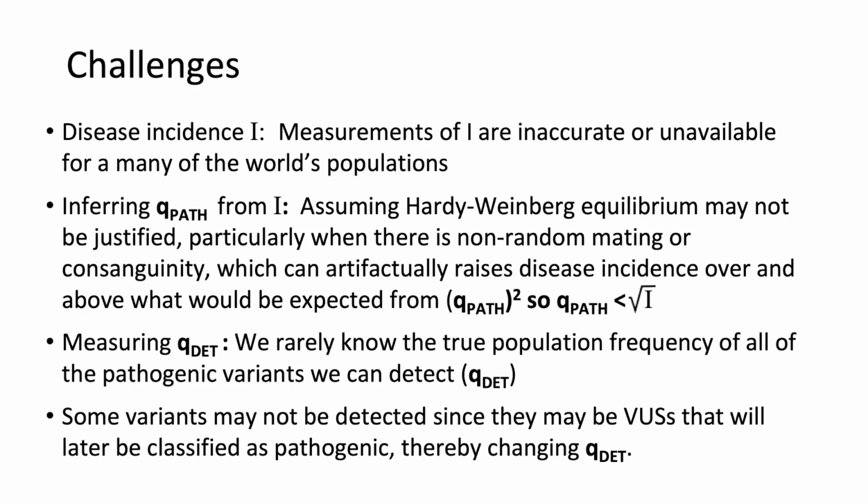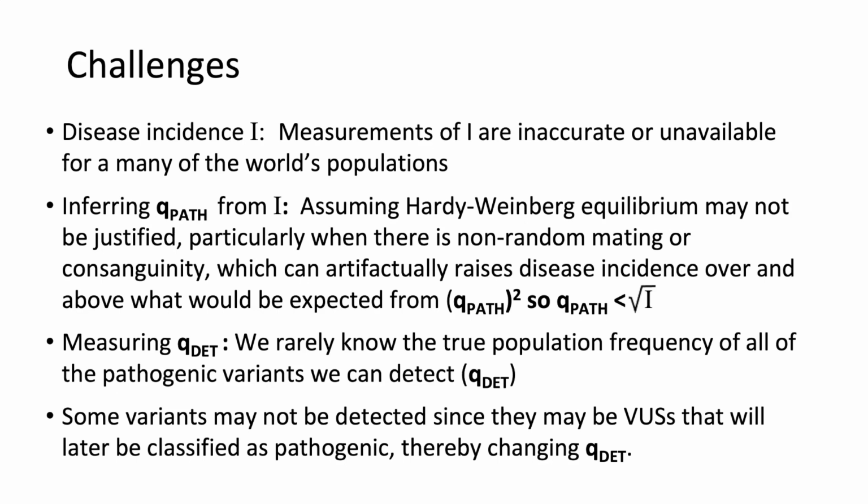So if there's non-random mating or there's consanguinity, they will artifactually raise disease incidence over and above what would be expected simply from the square of QPath. So QPath will actually not be the square root of I. It's actually less than the square root of I when Hardy-Weinberg equilibrium does not apply, when there's consanguinity in particular.